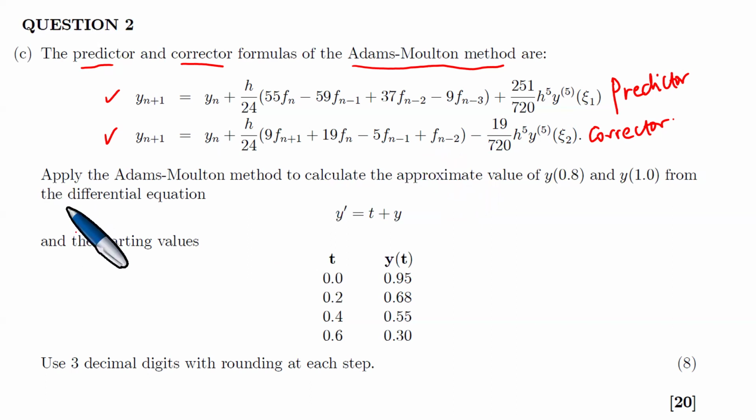Apply the Adams-Moulton method to calculate the approximate value of y at 0.8 and also y at 1.0 from the differential equation.